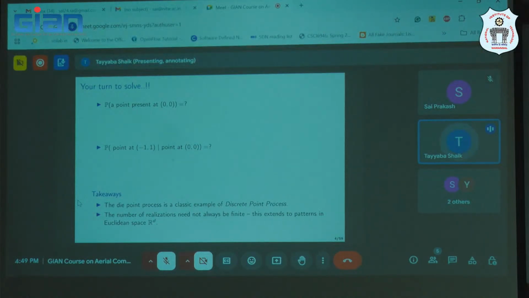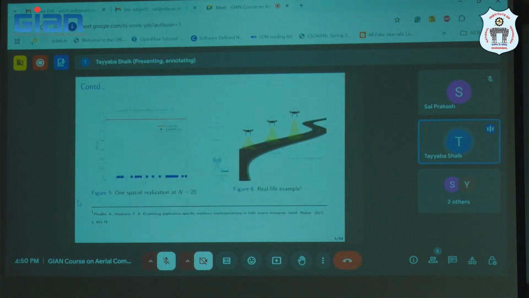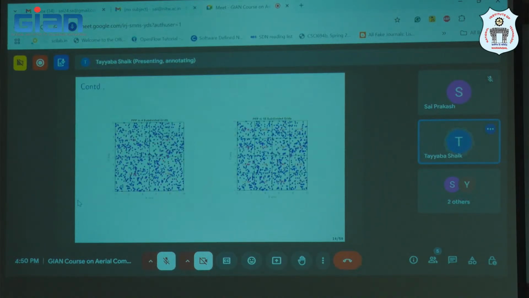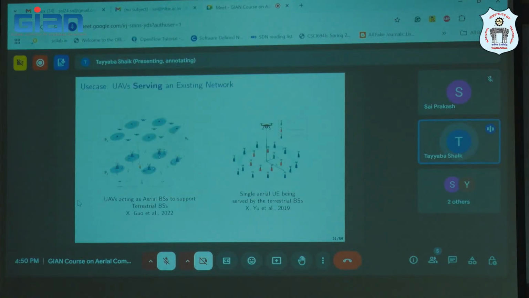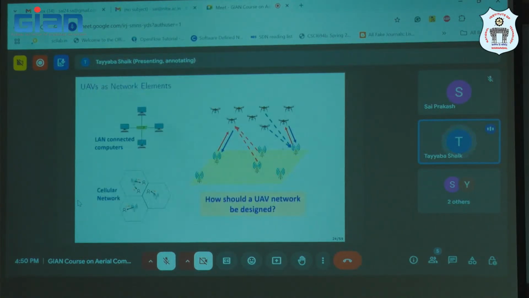A simple form of Slivniak's theorem is that this probability is equal to the probability that there is a point at -1, 1. So the distribution is the same. That's the main gist of Slivniak's theorem. We will use that in the derivation. So it's like your independence property in probability theory.